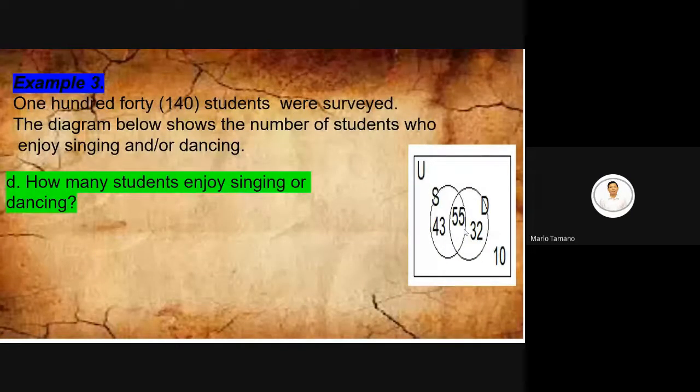Next question. How many students enjoy singing or dancing? Enriquez po. Mateo. Nauuna kayo ni Enriquez. 55 po. Ano sagot mo, Enriquez? 55. 4 po yun, Enriquez. Albino po. 100. So when we say or, combine the union of the elements.